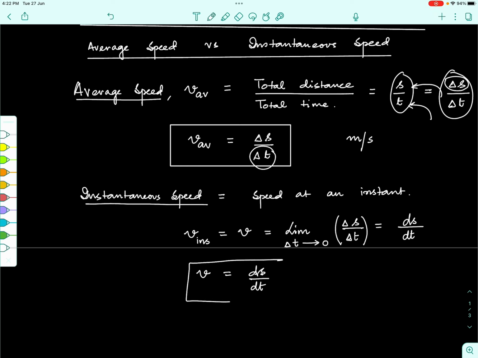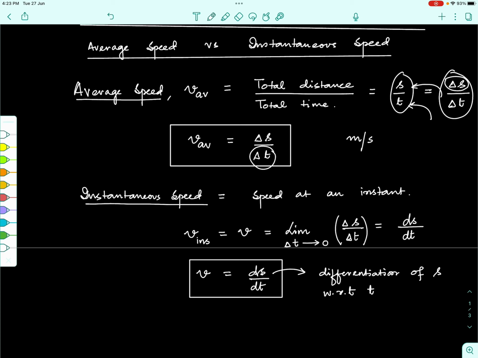This expression reminds us of differentiation that we have studied in mathematics. ds by dt in fact is nothing but the differentiation of s, the distance travelled, with respect to t.